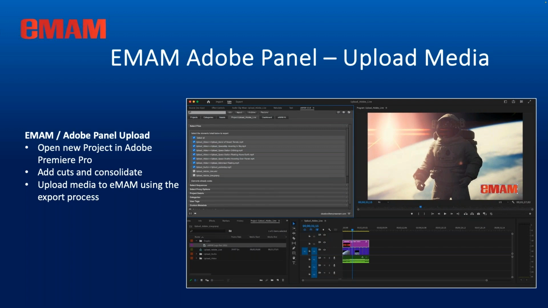Now, I had mentioned that you could upload the media through eMAM and upload into the eMAM system and index, and then import through the panel into your projects, say Adobe Premiere. Now, with Adobe Premiere, you also have the ability to start in Adobe Premiere and then make all your cuts, trim all your media, and then consolidate the media through Adobe Premiere and then upload into eMAM.